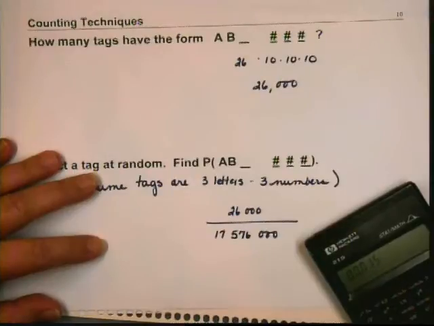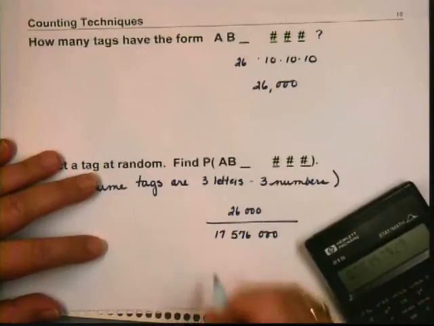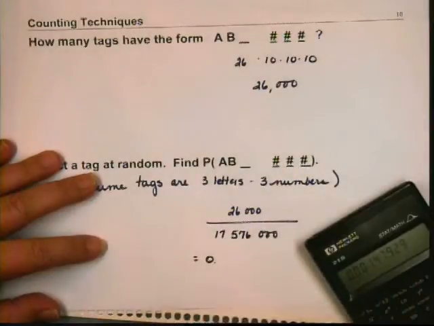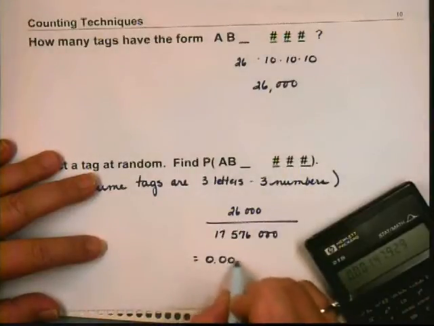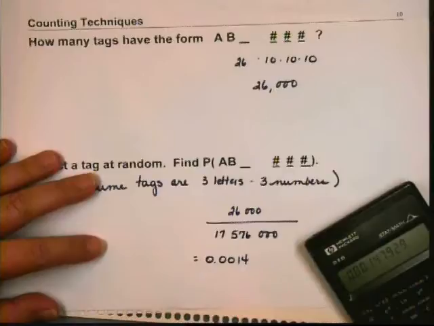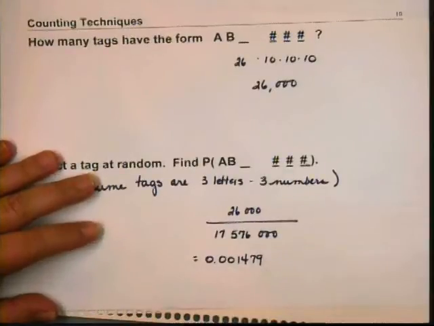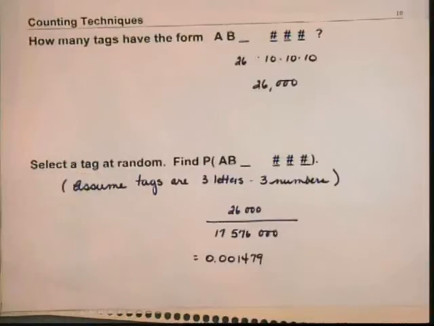Rounding to 4 decimal places. Let's see. 0.001479. Is that very likely? Better than your probability of winning the lottery, but you play anyway.